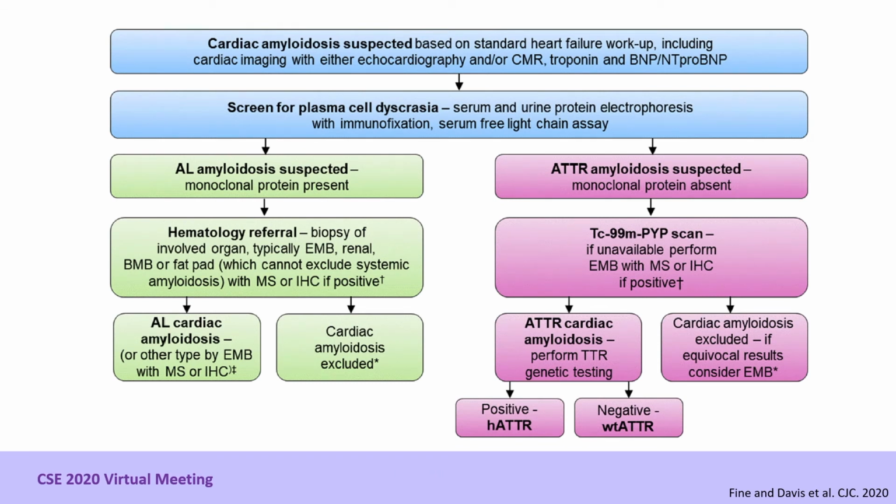The joint position statement on diagnosis and management of cardiac amyloidosis, published earlier this year by the CCS and Canadian Heart Failure Society, emphasizes the use of echo and cardiac MRI to raise the suspicion of cardiac amyloidosis, and emphasizes the use of screening for plasma cell dyscrasia, technetium-99 PYP scans, and endomyocardial biopsy as more confirmatory tests for identifying cardiac amyloidosis.